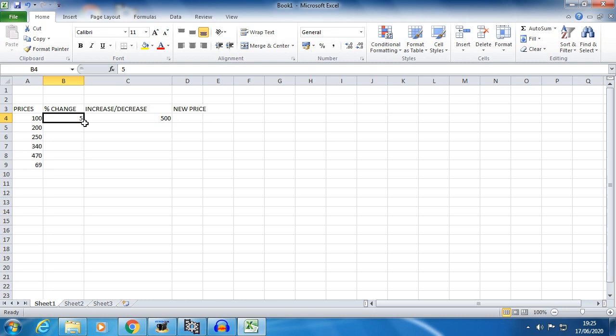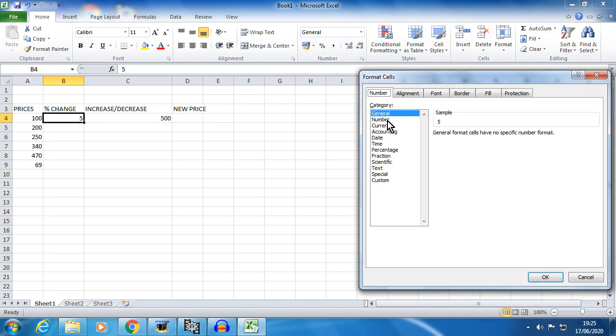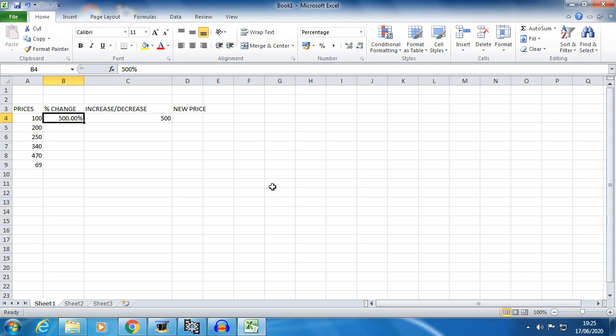So what we do is we change this by just going to the number dialog, which always takes a little while to come up, and then we put it onto percentage. Look at that, it says 500%. Okay, so that's not really what we want, is it?